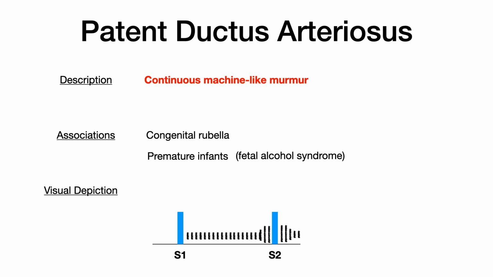The last thing that I'll say, just to touch on it, you've probably seen it 1,000 times already, is the treatment of a PDA. It depends on if you want to keep it open or not. If you want to keep it open, you would give prostaglandins, because prostaglandins will keep the patent ductus arteriosus open if the infant that has the patent ductus arteriosus needs surgical correction, but it can't take place yet.